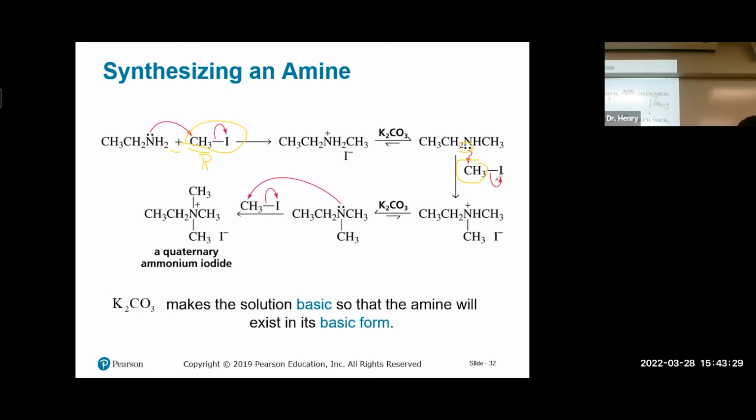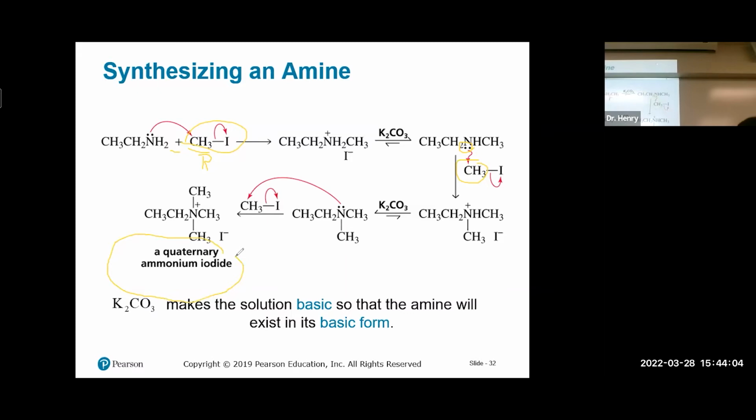You're going to have the second lone pair of electrons sit there and interact on the backside of this guy, and this is going to allow for the dissociation of the iodide ion. Then you'll get the iodide ion interacting weakly. You'll have a plus charge on your amine. And then with more KOH, this guy is going to do the same thing, and you're going to end up with a quaternary ammonium iodide.